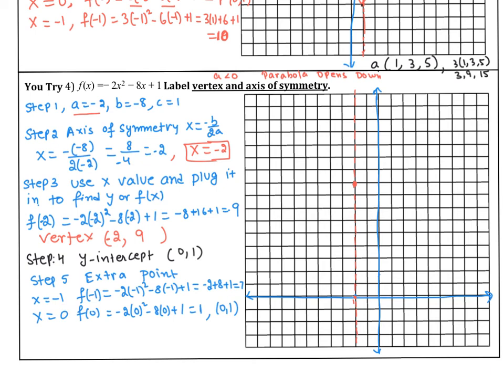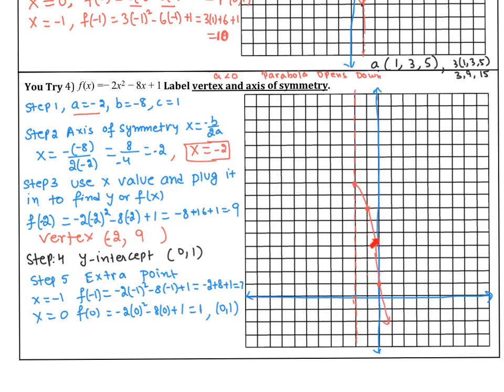So -1 comma 7, 1, 2, 3, 4, 5, 6, 7, this point right here. And the next one, when you plug in 0, this becomes 0, this becomes 0, the answer is 0 comma 1. And my 0 comma 1 point is going to be this point right here.